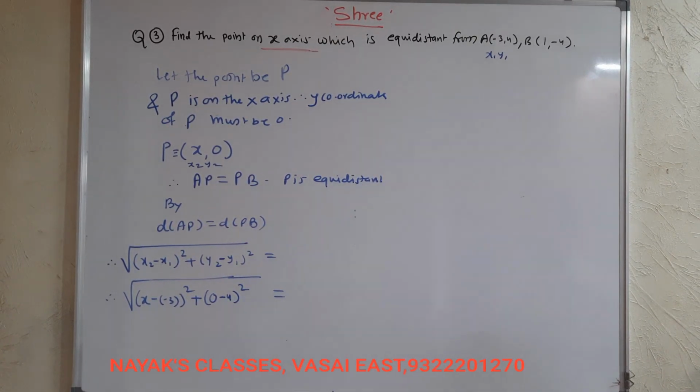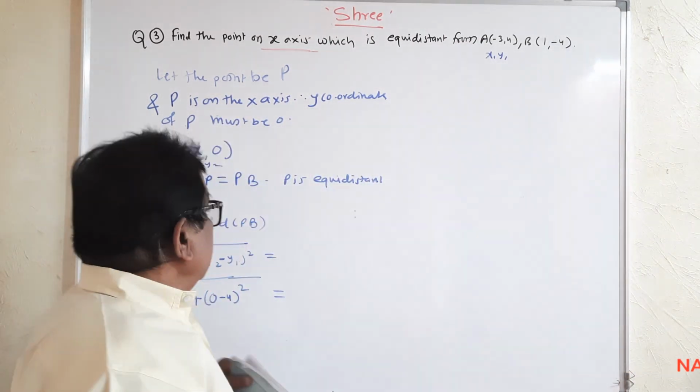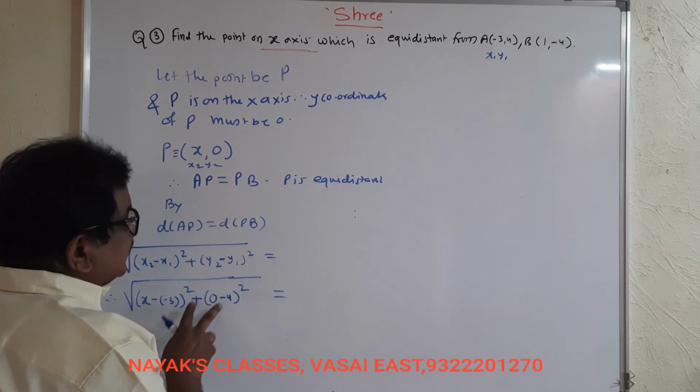Similarly, now to this side, we have put the values for distance AP.